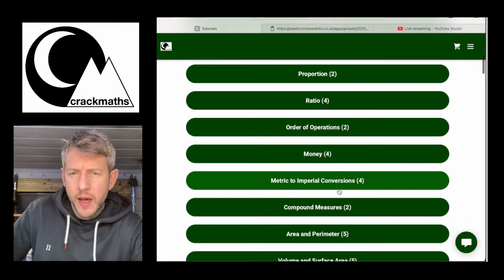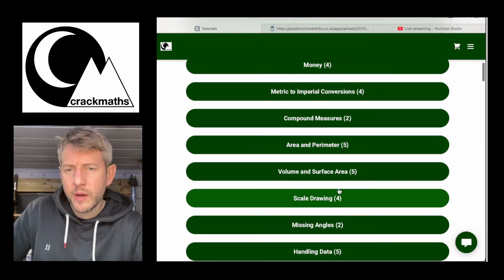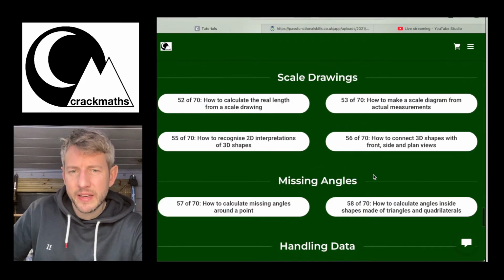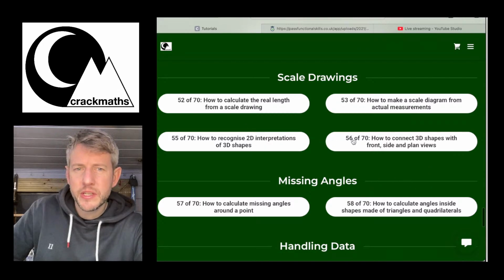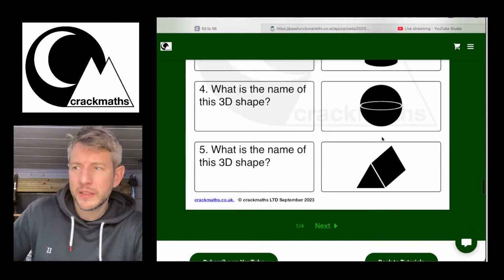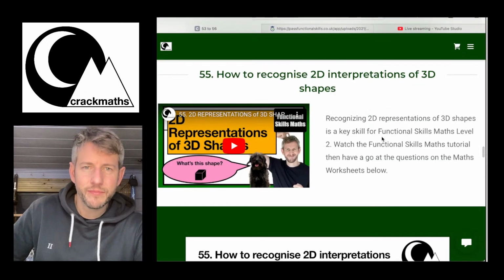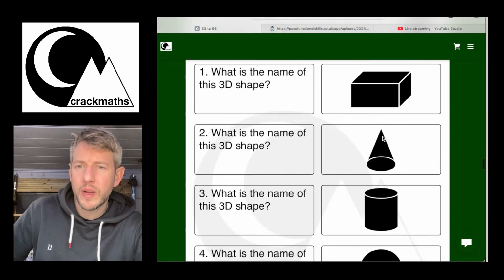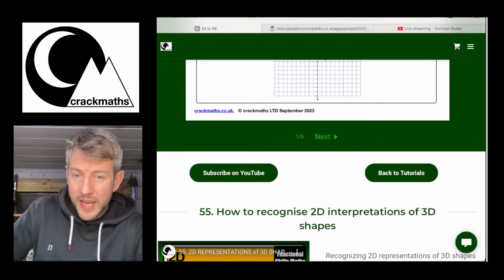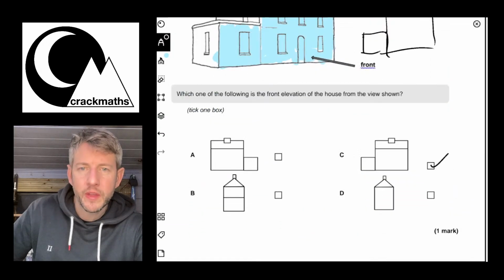So where would that be? Scale drawing, handling data. I think maybe I'll put that in here. How to make a scale drawing, how to recognize 2D shapes, how to connect 3D shapes with plans. Okay, so here we go. That is there. So we've got questions on these sorts of things if you wanted to do any practice of that. But let me get back to the paper.